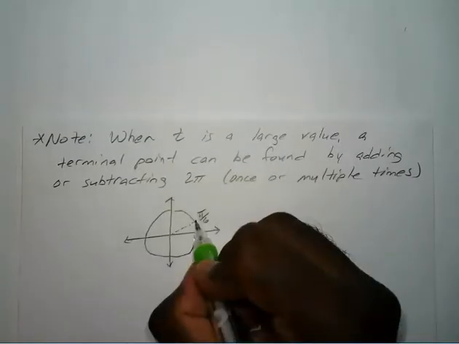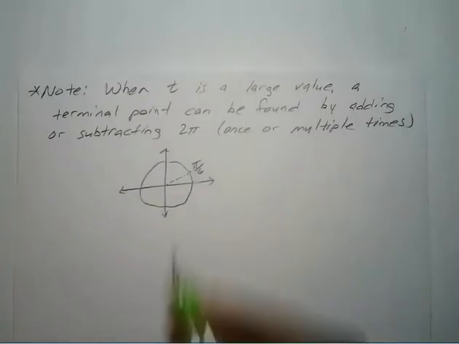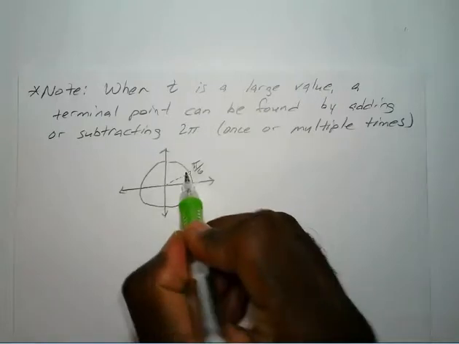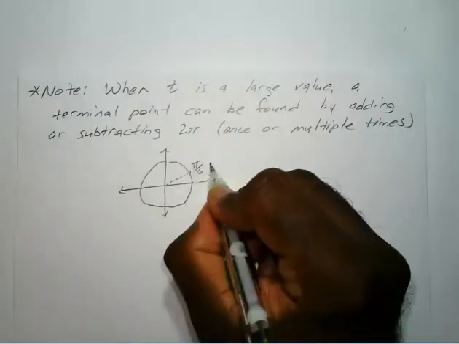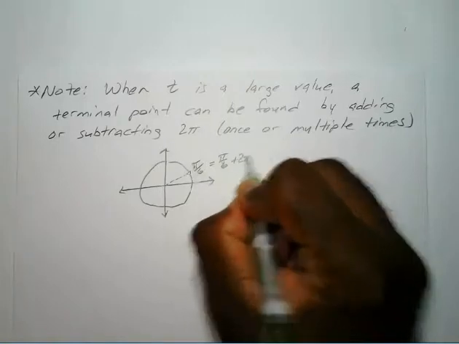So we know that pi over 6 is right there. But what if we go from pi over 6 and we go one full circle around and end up right back at the same spot? That's pi over 6 plus 2 pi.